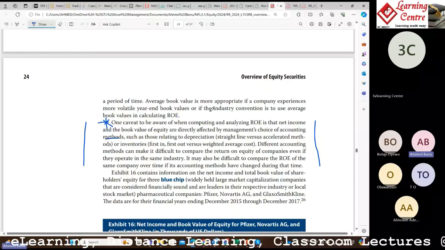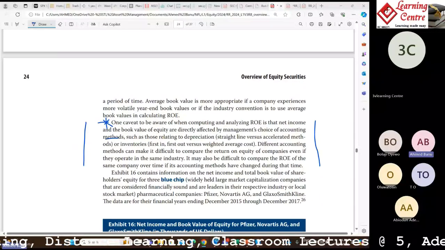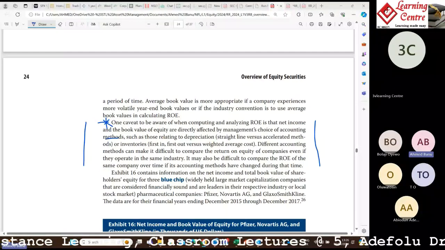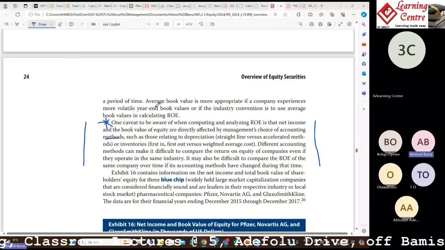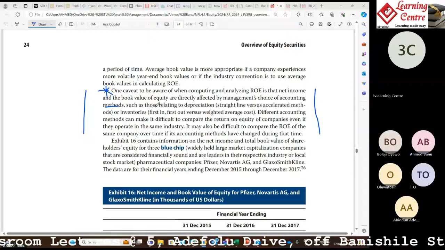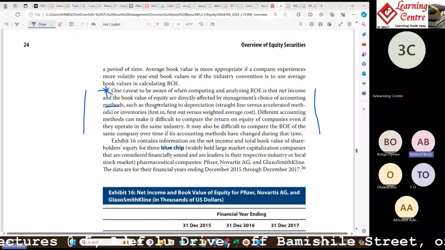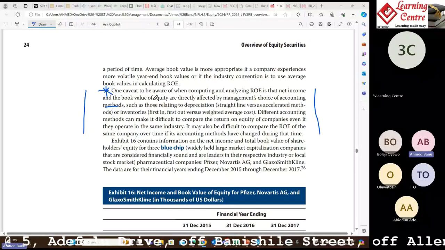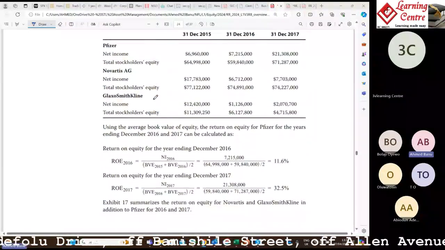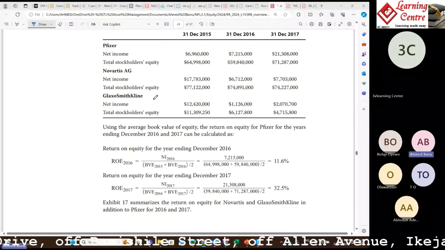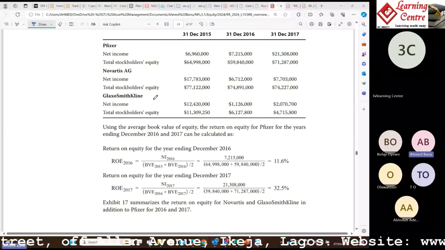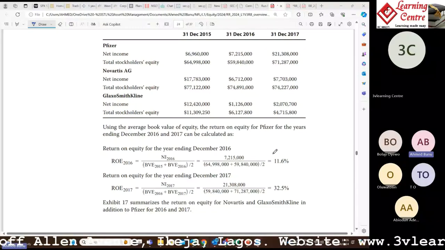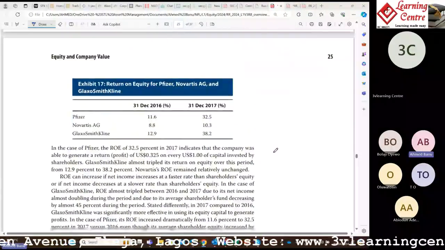Those are the things you need to be careful about when you are using ROE, because some companies might be dubious or might be using an interesting accounting method. So book value, how well the company is making use of its equity from a book value perspective, is your ROE that we just discussed. Okay, moving on.